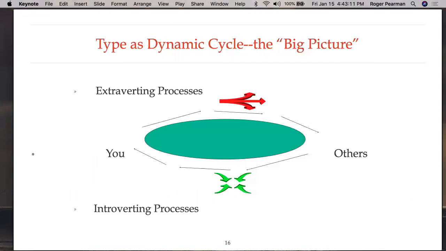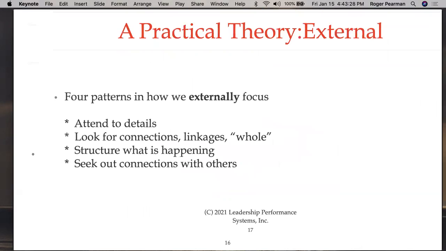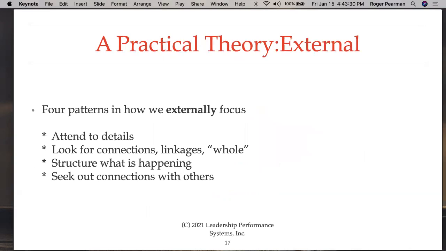From type, the big picture within type is that whenever we're engaged with others in an active way, we're utilizing extroverting processes. When we are internalizing and reflecting on our experiences with others, we're utilizing introverting processes. Externally, when we're in that external place, we're attending to details. We're looking for the whole.